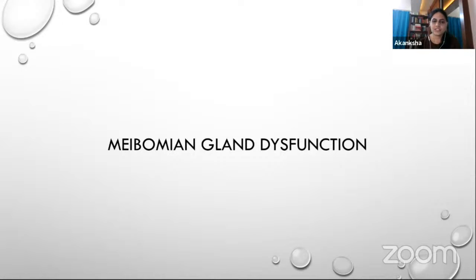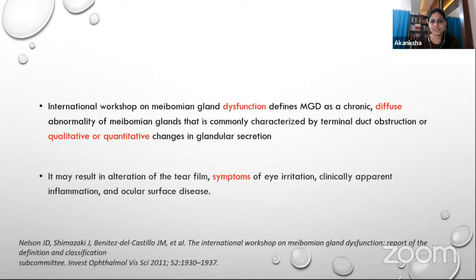Now let's go a little deeper into understanding the meibomian gland dysfunction. So the International Workshop on Meibomian Gland Dysfunction defined this as a chronic diffuse abnormality of the glands that is characterized by terminal duct obstruction or qualitative or quantitative changes in glandular secretion. So each word has an importance here.